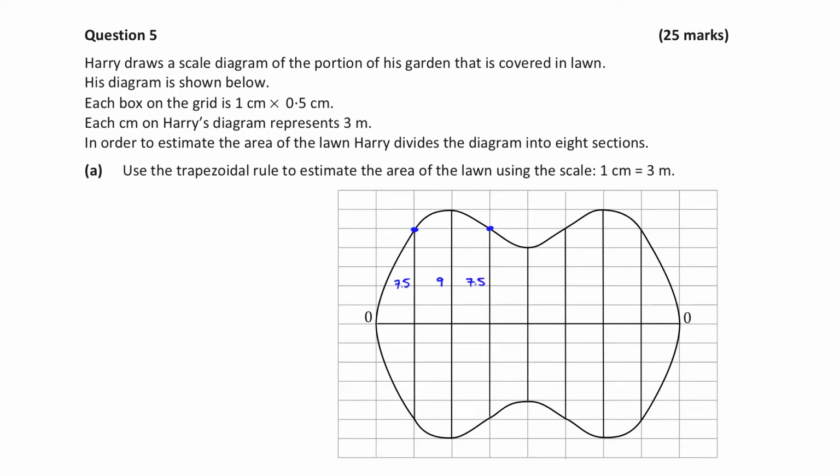The next one is 3, 6. The next one is going to be 7.5 again, because it's the same height as the other two. The next one is going to be 9, because it's the same height as the second one. The next one there is going to be 7.5 again. And that brings us to the end.